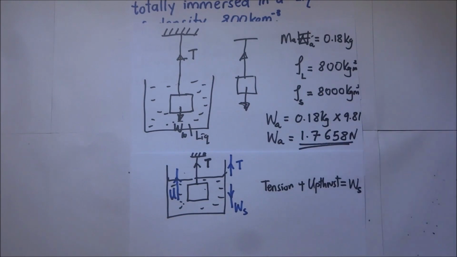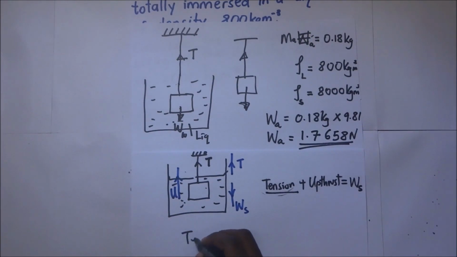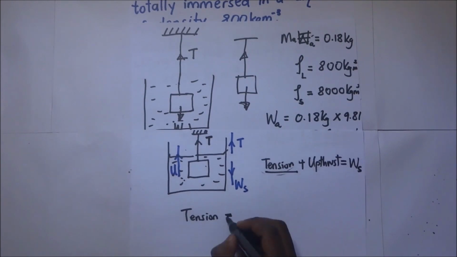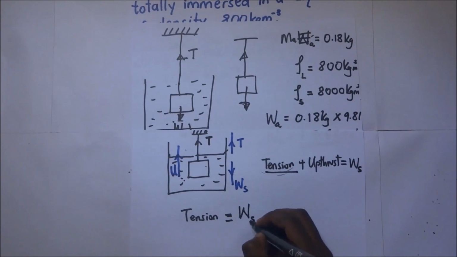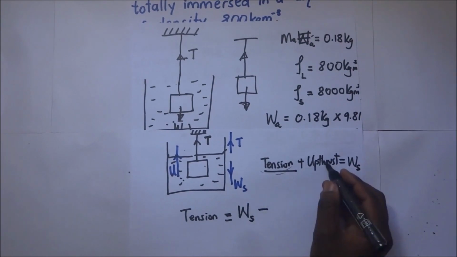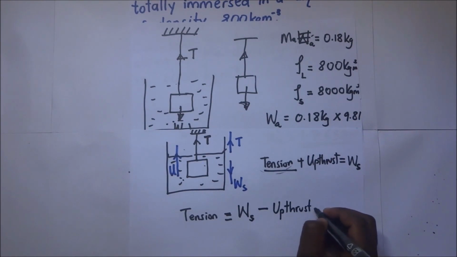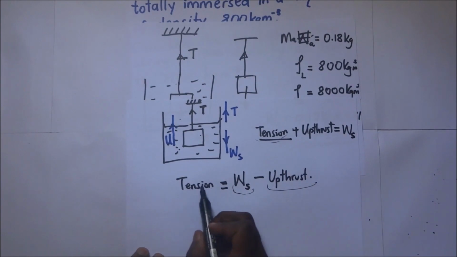Now, what are we interested in? We are interested in the tension. So when we make tension the subject of the formula, the tension experienced in the string is given by the weight of the solid when it is in air minus the upthrust. So our task is to find this and that, and then we will have the tension.